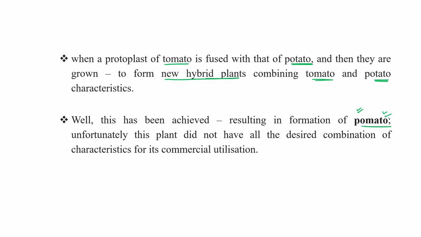But unfortunately this plant doesn't show the desired combination, and that's why pomato is not used at commercial level. It is not commercially useful. But this is a technique which is used for some other plants also, where it shows some very good results. So this is all about today's lecture.